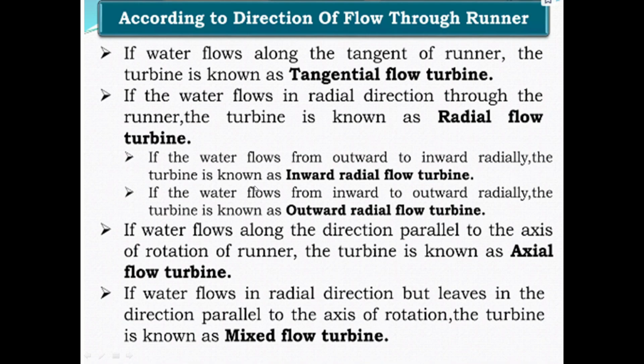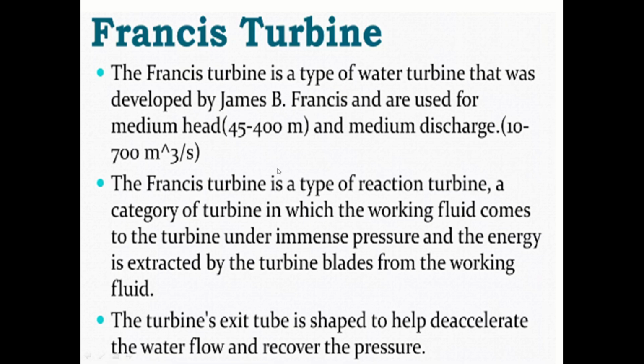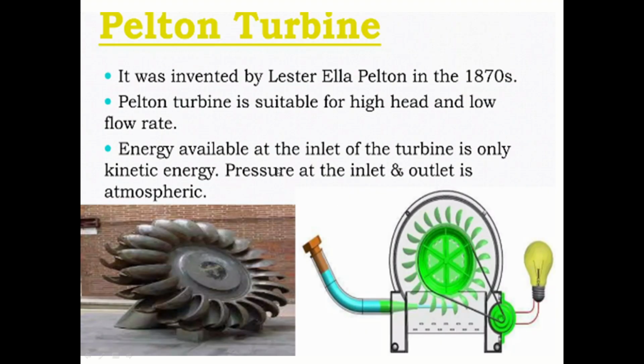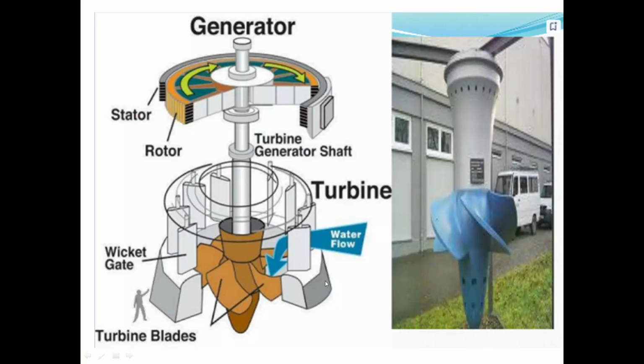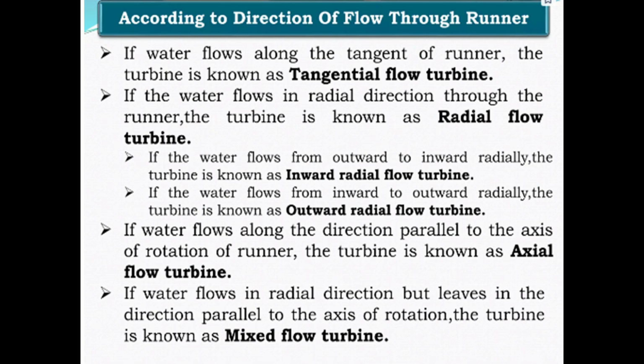If water flows along the tangent of the runner, then the turbine is called a tangential flow turbine. Example, Pelton wheel turbine, because as I have told you already, water is hitting the buckets or the vanes tangentially.